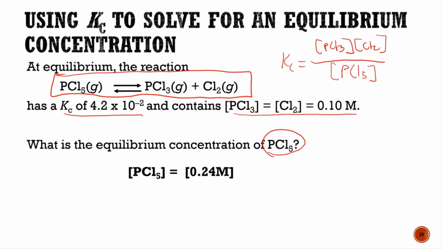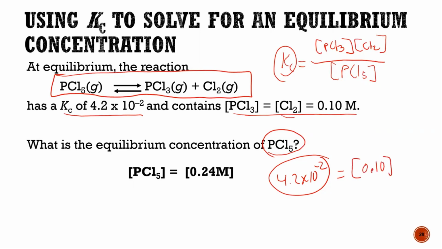So how did they get PCl5 is 0.24? I didn't show all the work, so I'll do it here for you. I know my Kc is 4.2 times 10 to the minus 2. So there's my Kc. And it's equal to what? The PCl3 and Cl2, so 0.10, and another 0.10, so I could just square that, right?